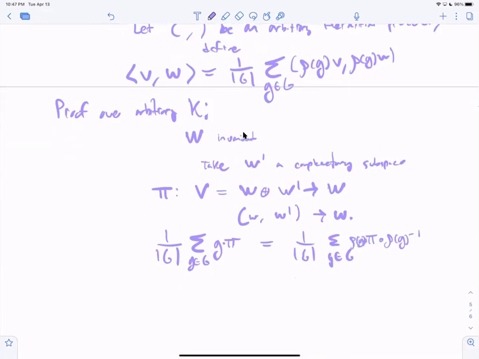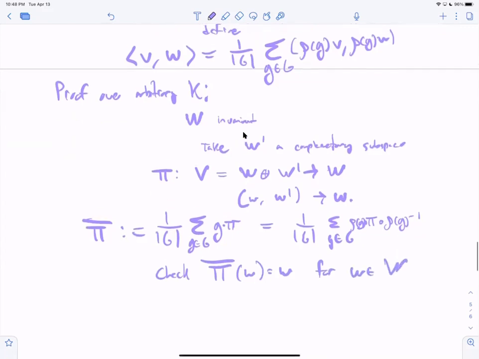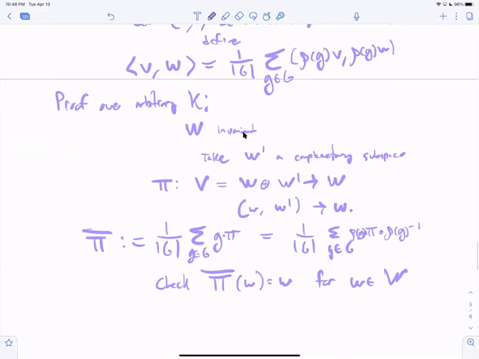And you can check, let me call this pi bar. Bar stands for average. And pi bar of w is still going to be equal to w for w contained in W, just because pi acted as the identity on W.